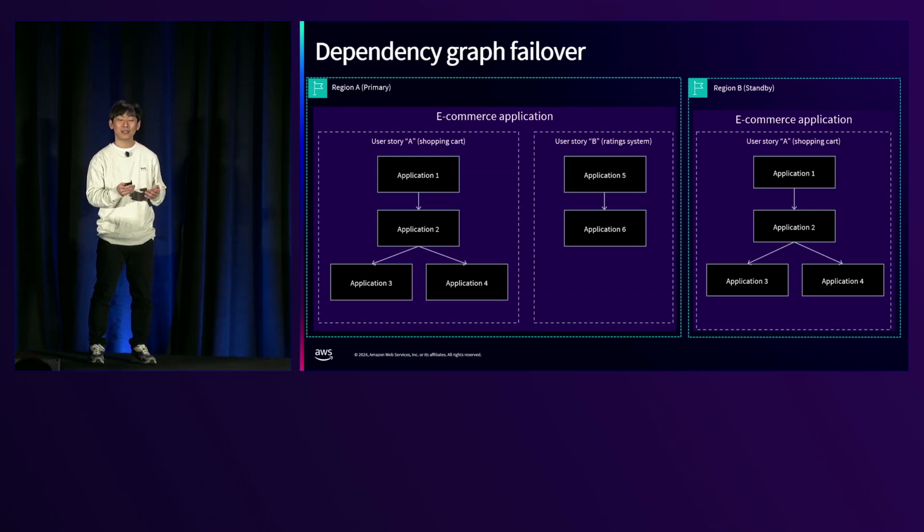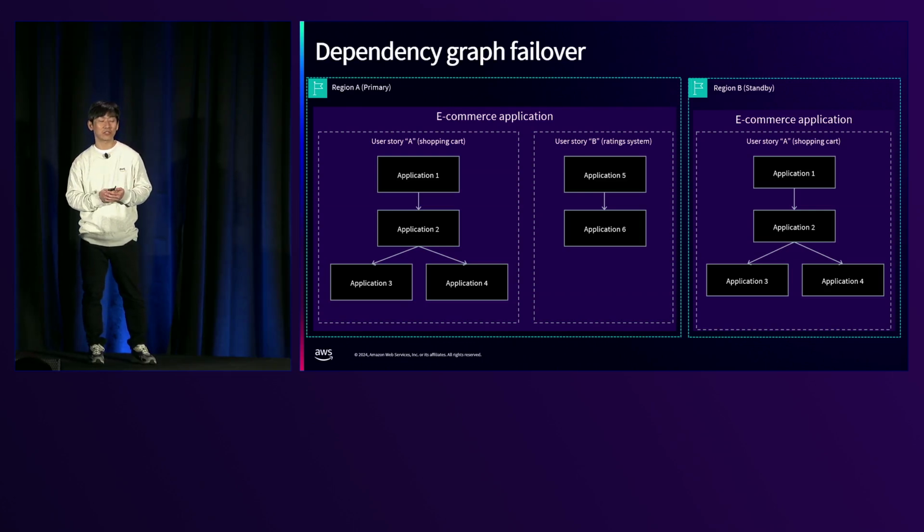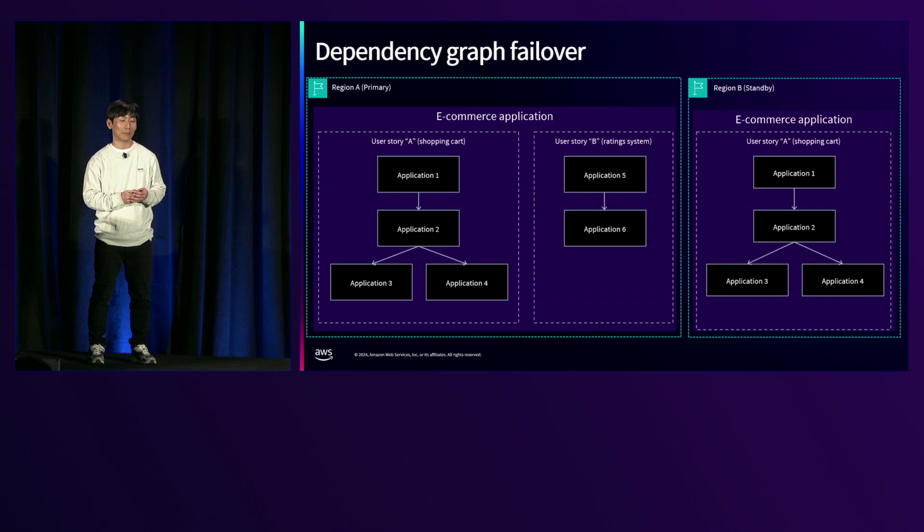However, this strategy introduces its own set of challenges. Identifying all dependencies and building and managing these dependency graphs can be complex, especially in large organizations with a large number of applications and user stories.